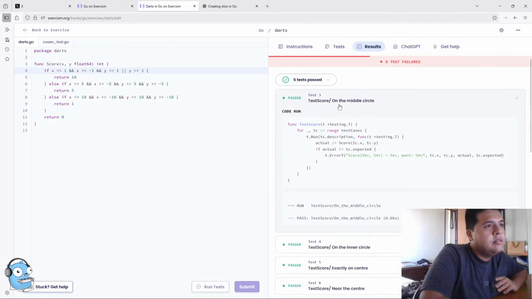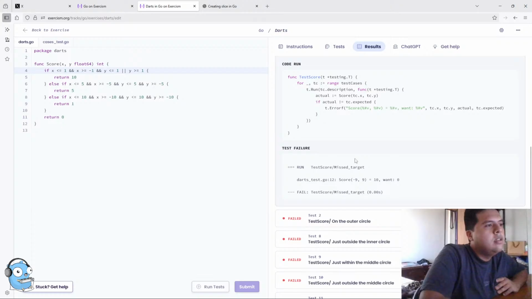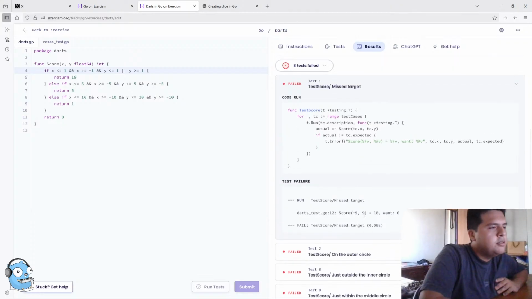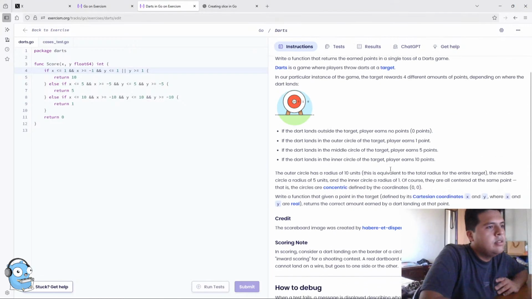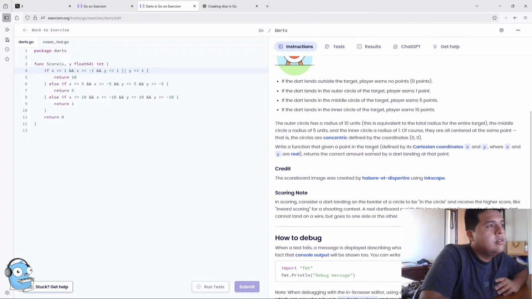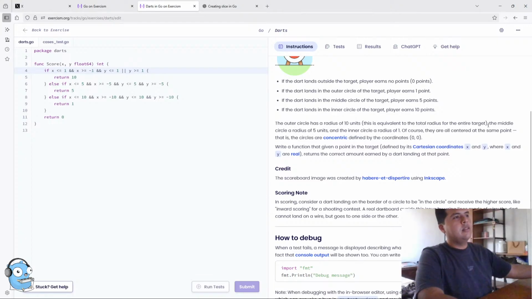On the middle circle, why minus 9 and 9 give 10 points? That doesn't make sense. The middle circle has a radius of 5 units and the inner circle a radius of 1. The outer circle has a radius of 10 units. This is given as the total radius.